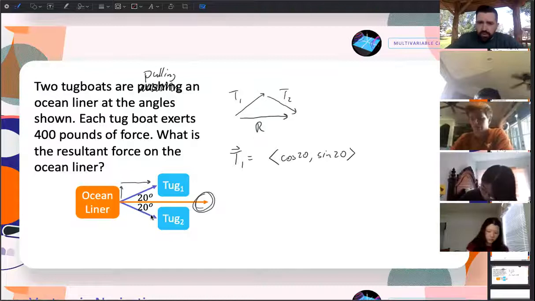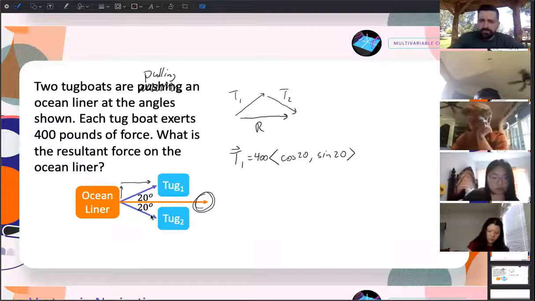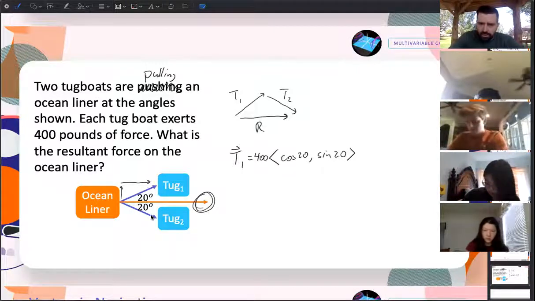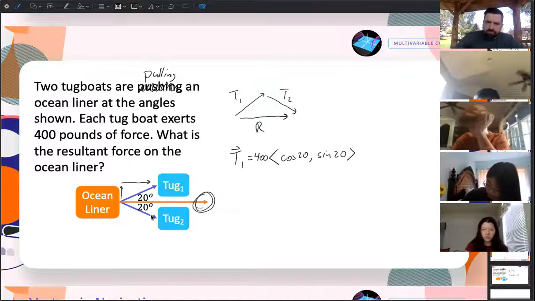That'll give me a unit vector going in that same direction as the tugboat. All I then have to do is multiply by the magnitude that I want. So an easy way to come up with a vector for that first tugboat is 400 times a unit vector going in the same direction. Pretty much, if I have an angle, I just use the unit circle. It will always be a unit vector going in that angle.